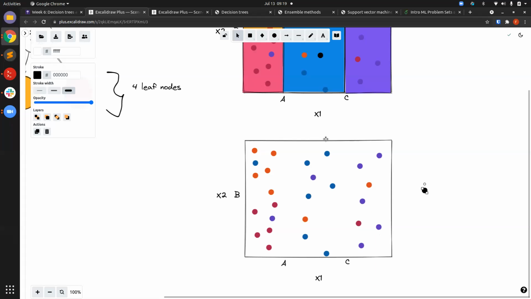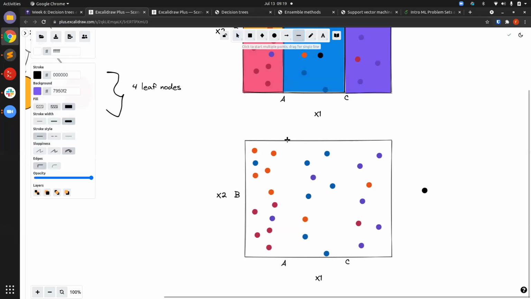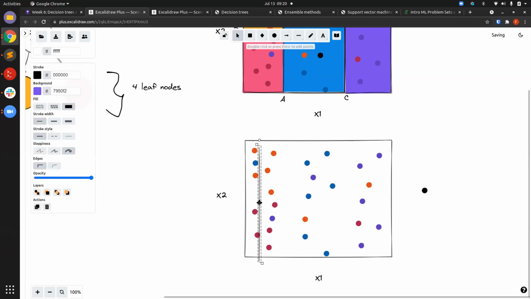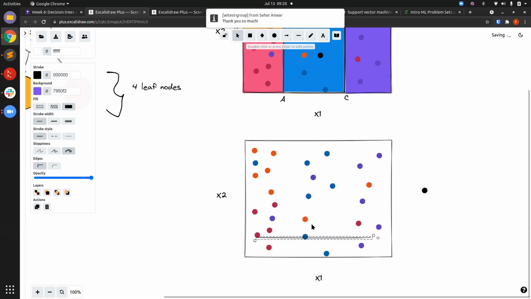For example, for the first partition, you can potentially split on x1 over here, x1 over here, x1 over here. You can split on x2 in any of these potential positions. And then every decision you make will affect your later decisions.